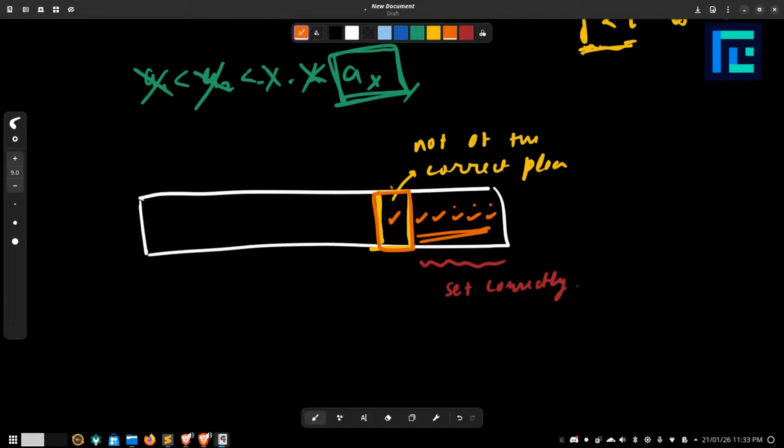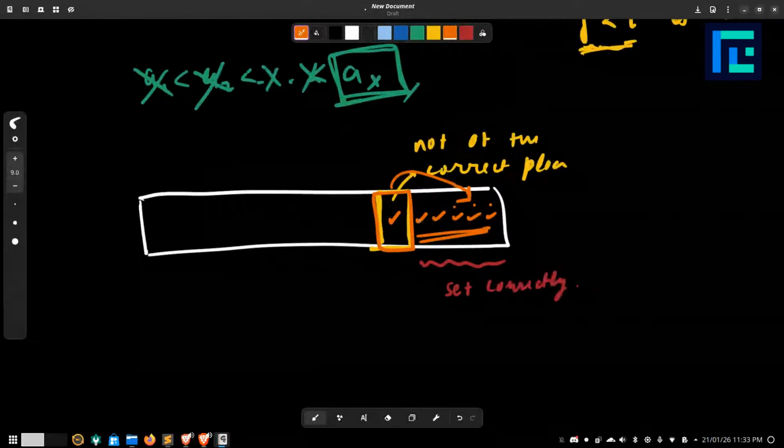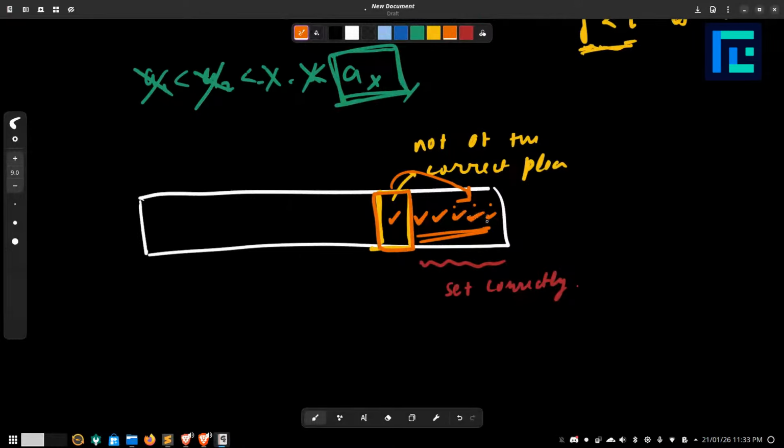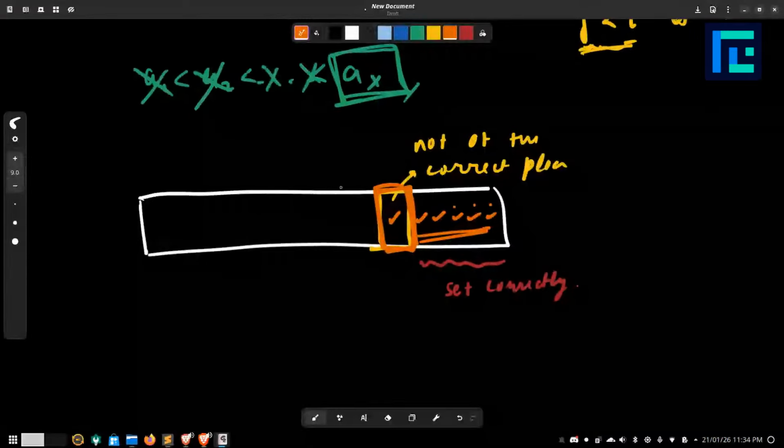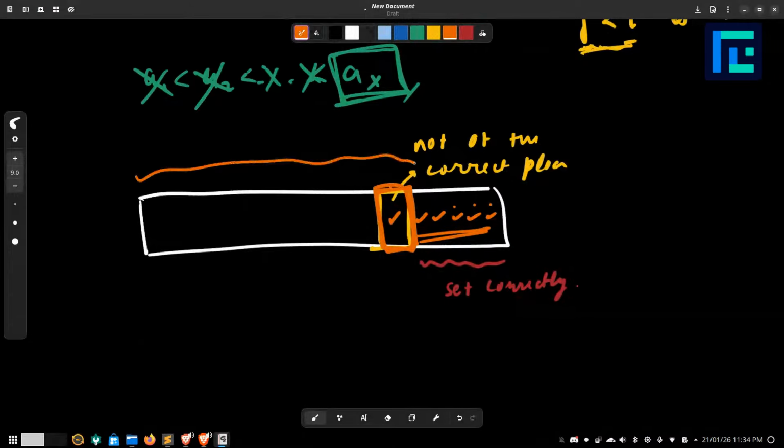Otherwise, it would have to come somewhere here, and then because of the contradiction, these elements would not have been set correctly. So if these elements are set correctly, this element must be less than or equal to those elements. So we can perform the operation on this index. And since we are performing an operation on this index, we don't need to perform an operation on any of the smaller indexes, because this index will sort all of this array and these elements are already sorted.